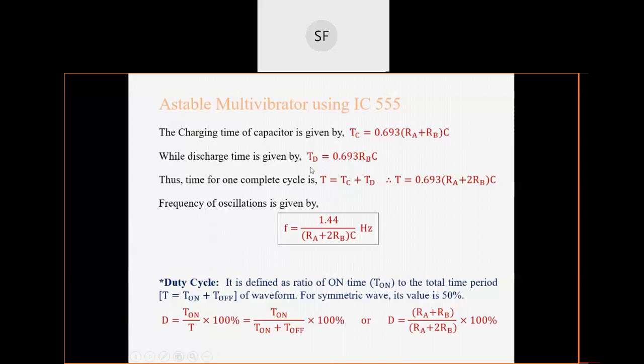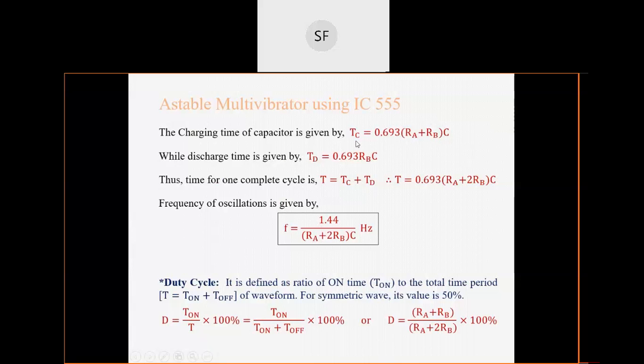The expression for the discharge time is TD equals 0.693 RB into C. But the capacitor charges through both resistors RA as well as RB, and hence RA and RB both are included here.